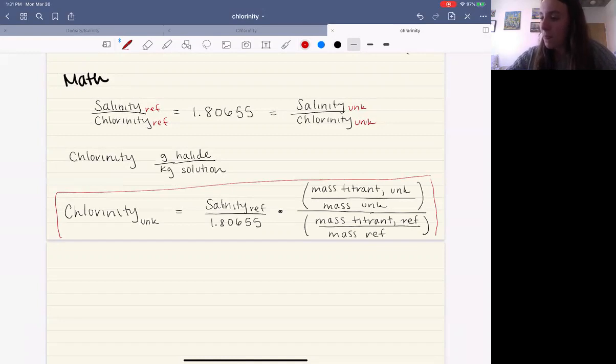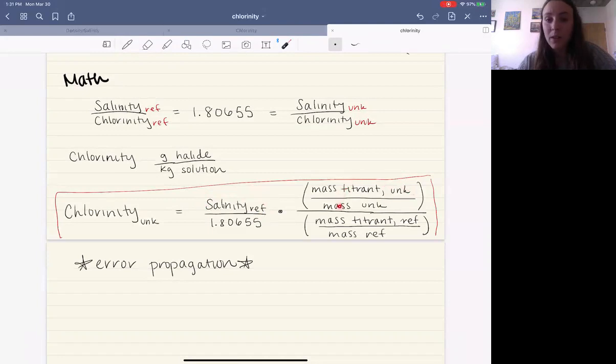Now remember error propagation too. This is all multiplication and division, so you'll want to use that multiplication division version of the error propagation formula. Again, you just want to look at all of the terms in your formula, all of these variables.